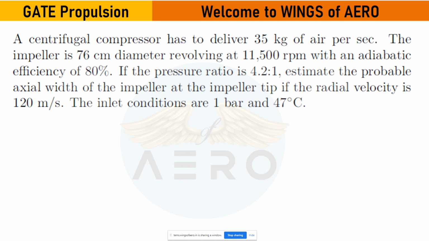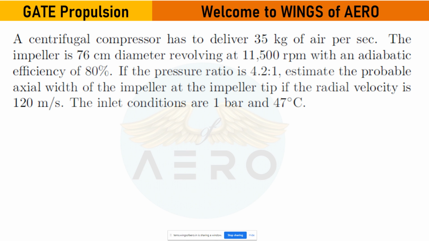A centrifugal compressor delivers 35 kg of air per second. The impeller is 76 centimeter diameter, revolving at 11,500 rpm with an adiabatic efficiency of 80%.